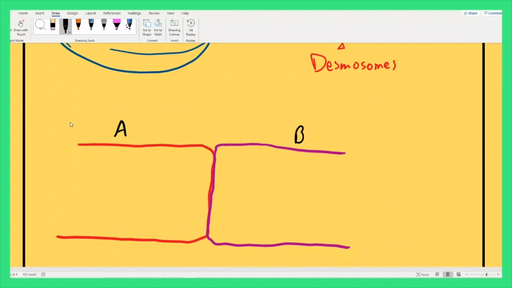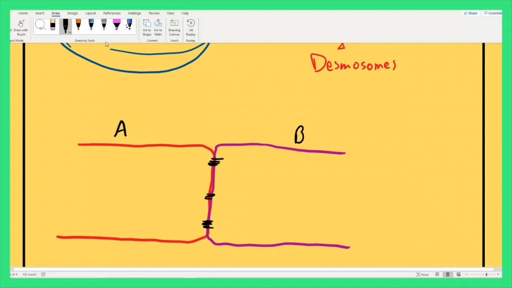Where they're connected is right here by a bunch of desmosomes, spot or button desmosomes. I think you remember those, like protein stitches connecting cells, allowing for a lot of stretch. Great.